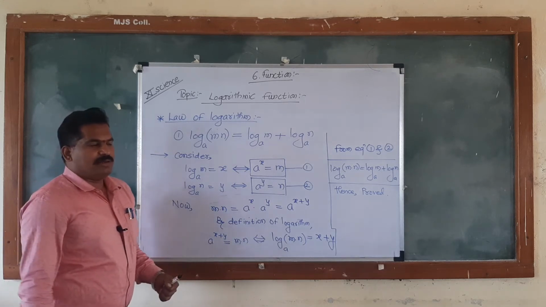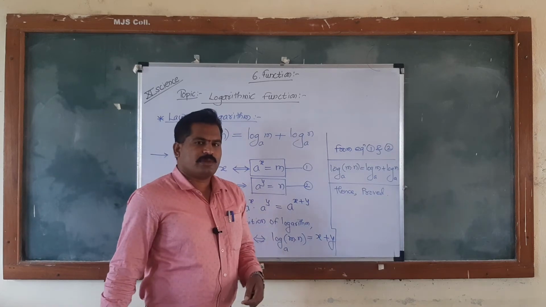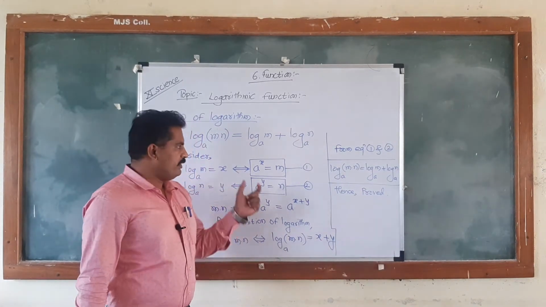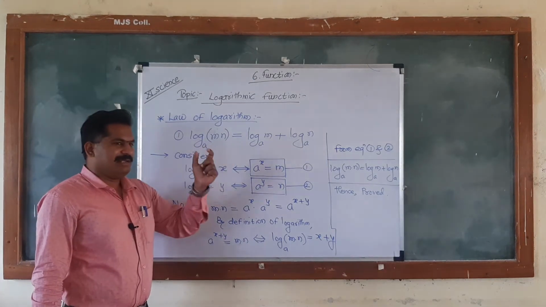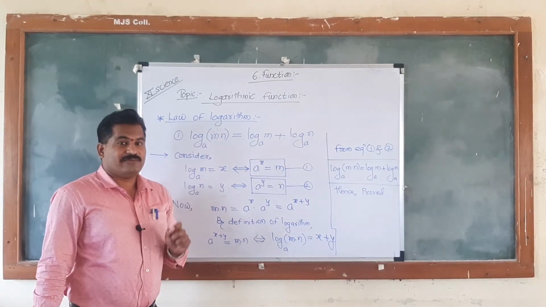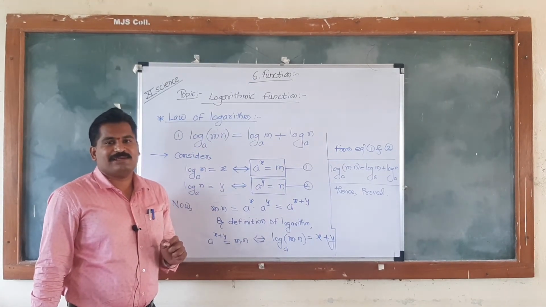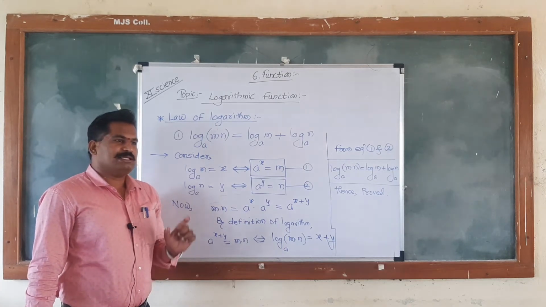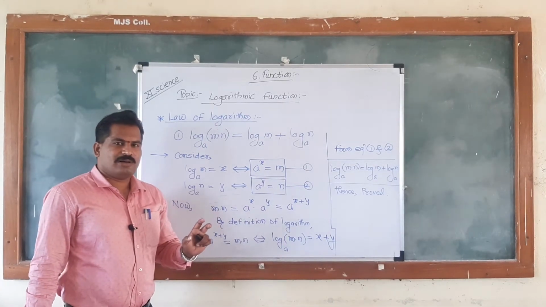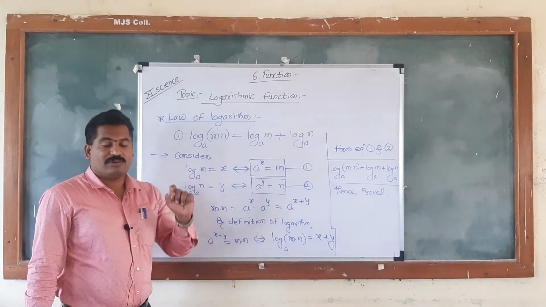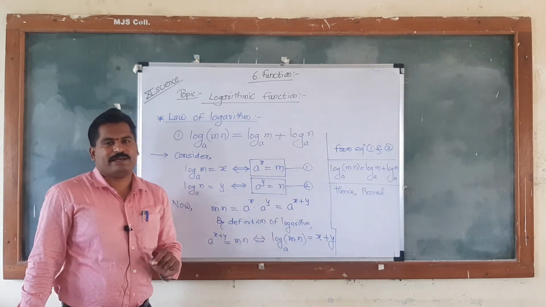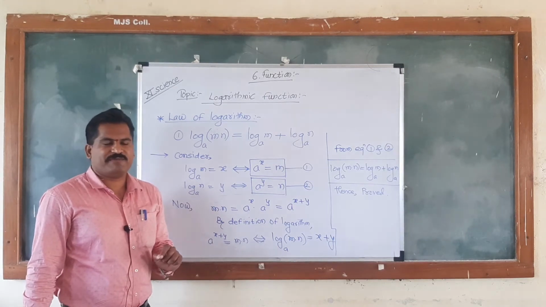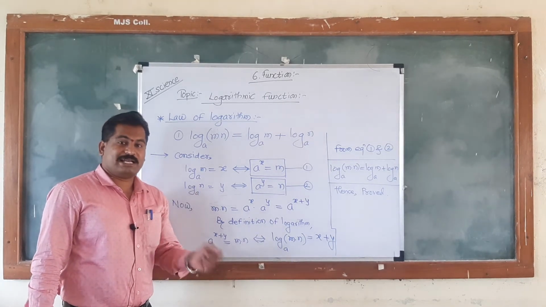In the 11th book, we have this law, and in brackets there is a verification. They think that these laws are very common and very useful to us, and students should verify whether each law is correct or not.